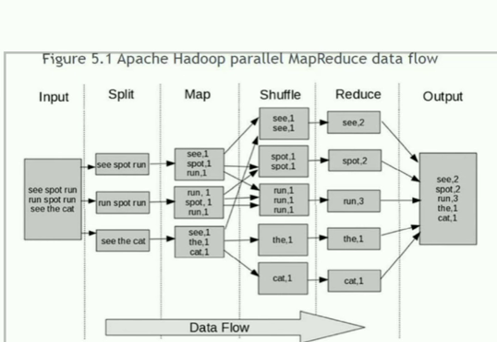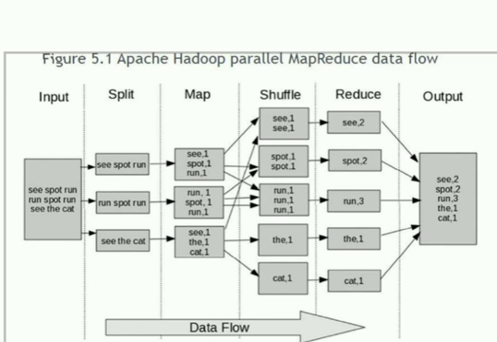So a MapReduce job running will be creating files called part, P-A-R-T. The name of the output file will be like this: part-00000, part-00001. So it will be starting with part. It will also give one more file called _SUCCESS. After execution, if everything goes well, it will create one more file called _SUCCESS.